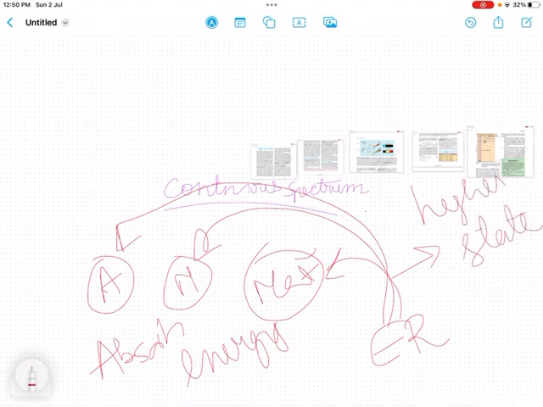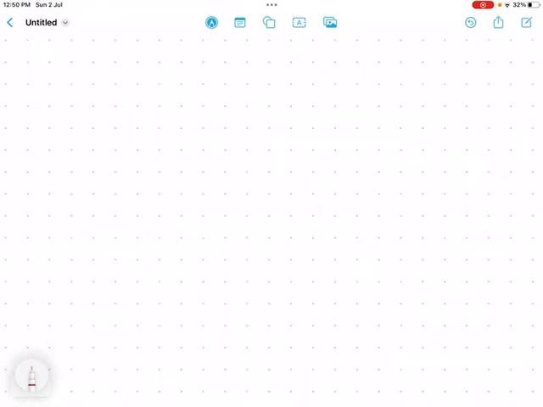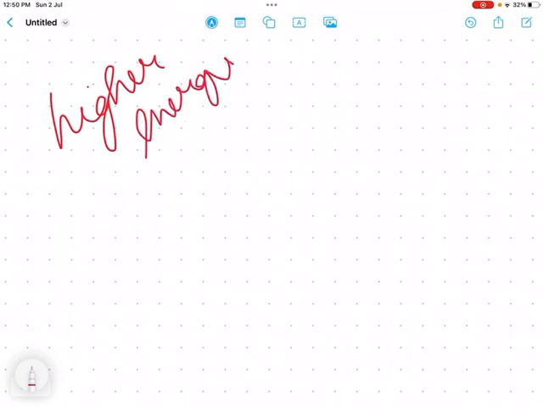With higher energy, these are unstable. These are not stable with a higher energy.